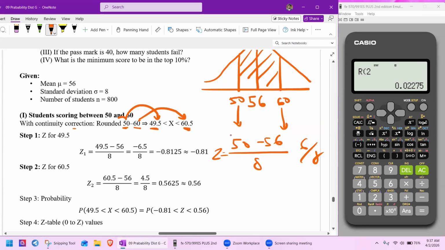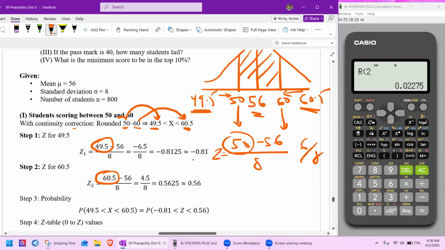So rather than taking 50 and 60, we take the lower boundary here and the upper boundary here. So this should be 49.5 and 60.5. Then we find the Z value for these.